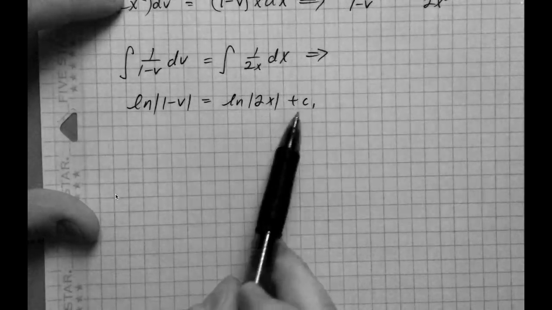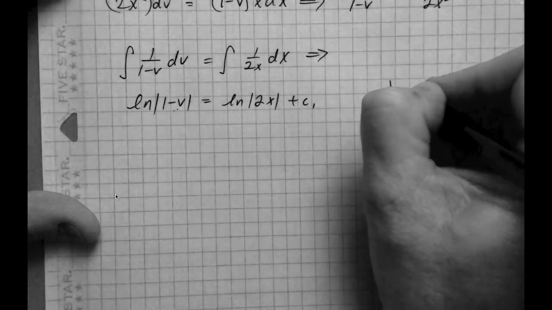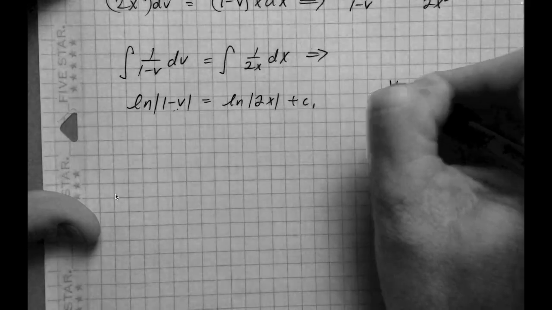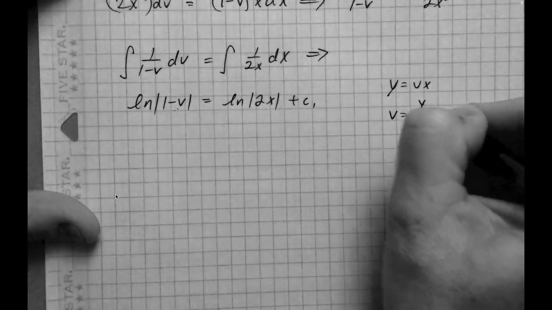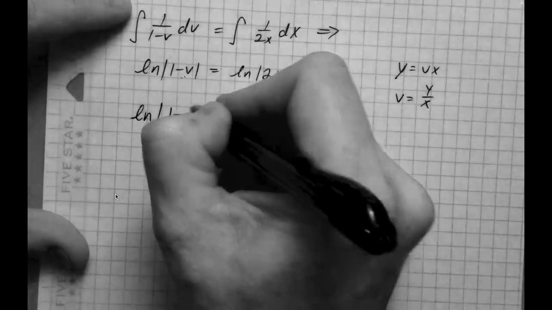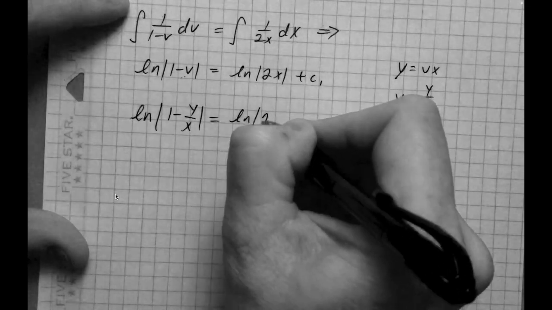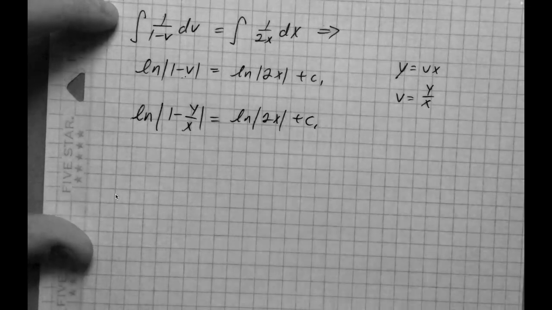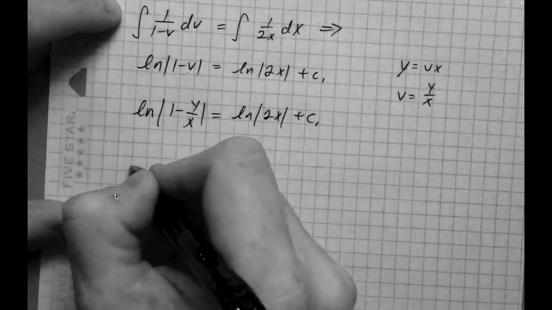Okay, let's go ahead and plug back in the x and y's for v. So y was equal to vx, and so that means v is equal to y over x. So we have the natural log of 1 minus y over x is equal to the natural log of 2x plus the constant. Let's exponentiate both of these.